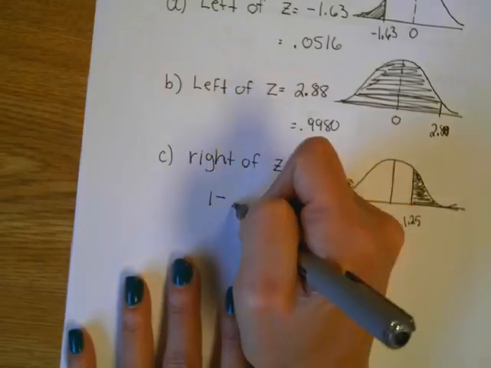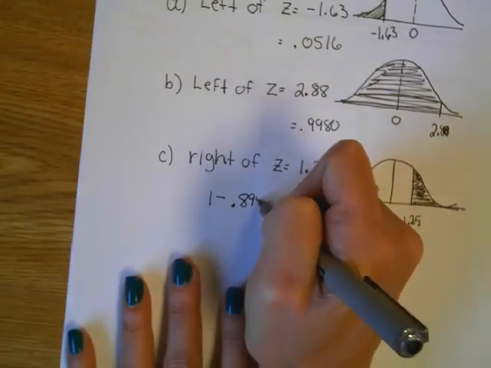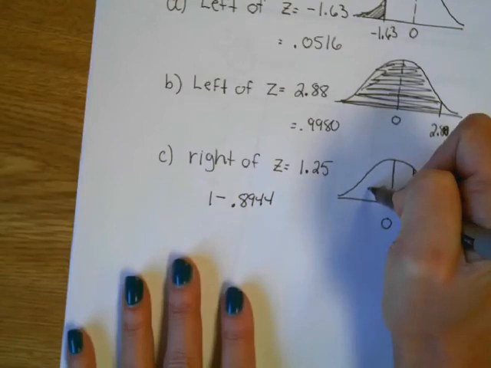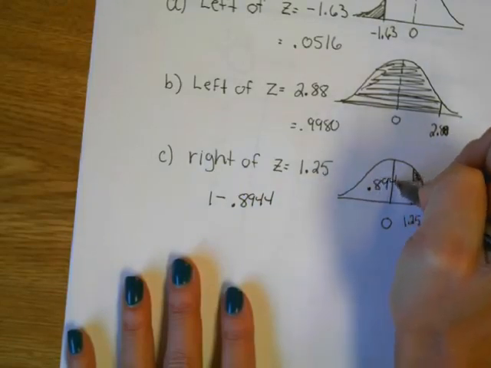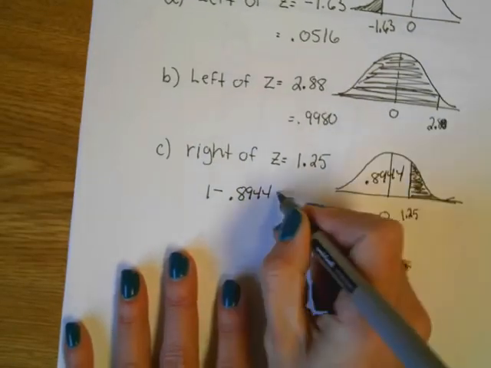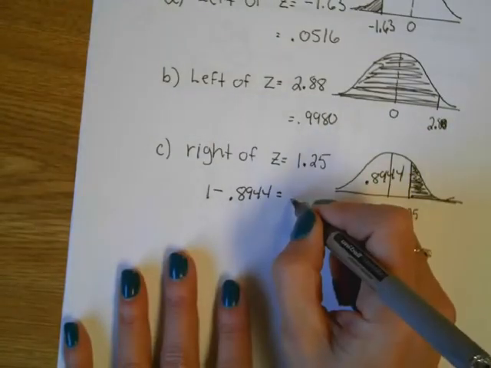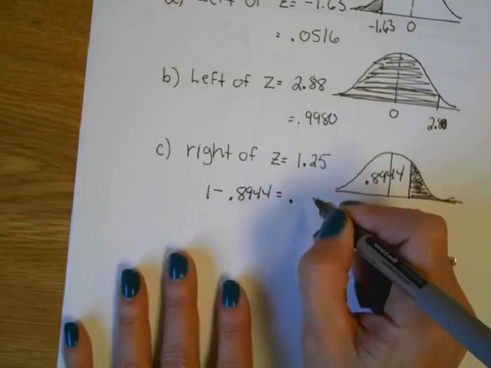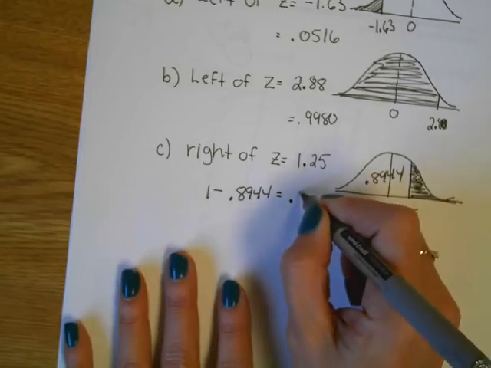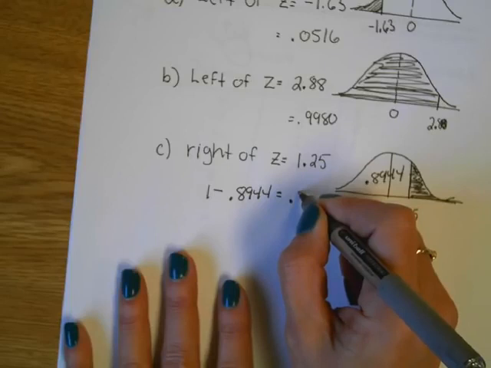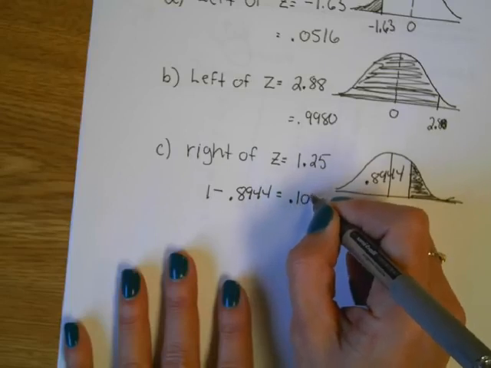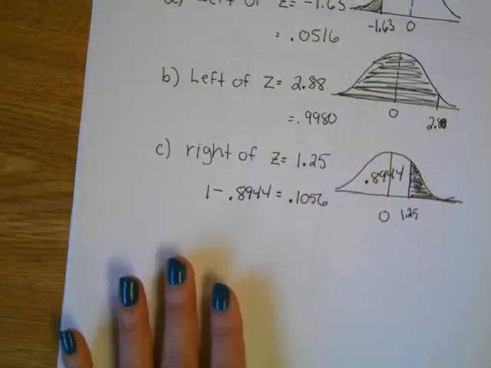So it's going to be 1 minus 0.8944, because that's what this is here. So what does that come up to be? 0.1056. Yeah.